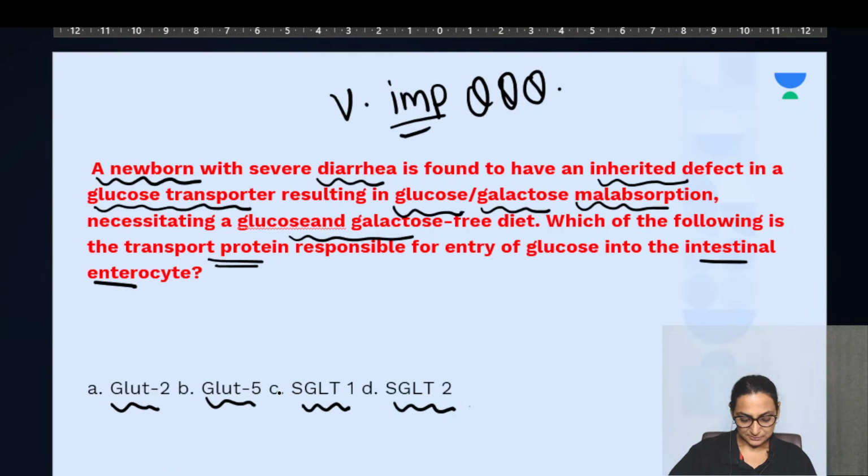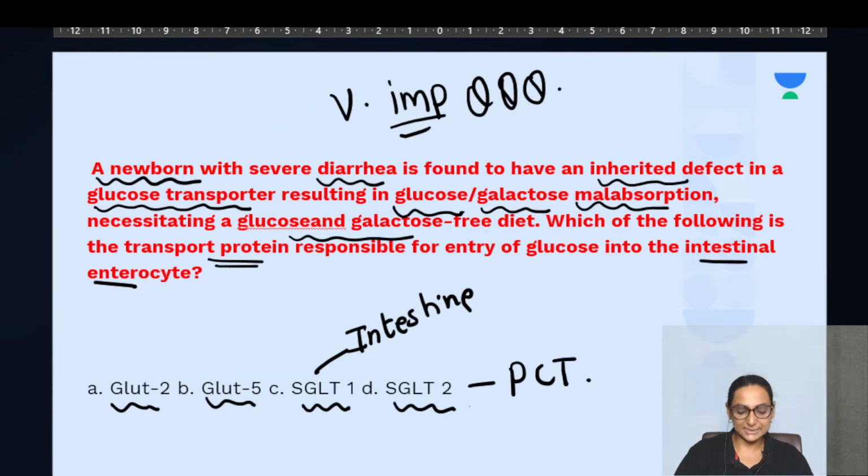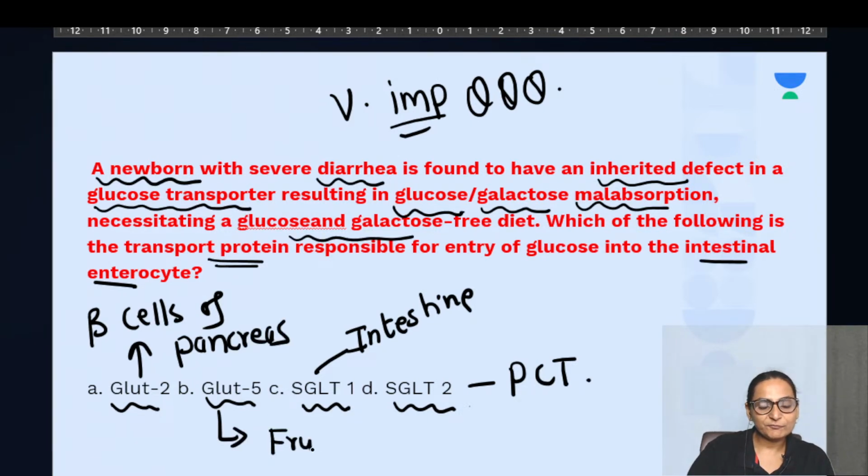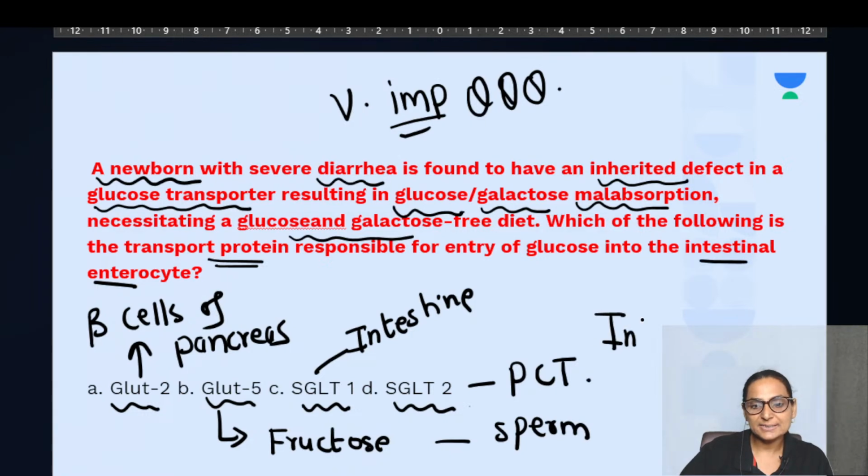Yes. Renu, it is SGLT1, yes. 1 is for intestine and 2 is for PCT. GLUT2 is present in the beta cells of pancreas. The GLUT5 is for fructose in the sperm and in the intestine.